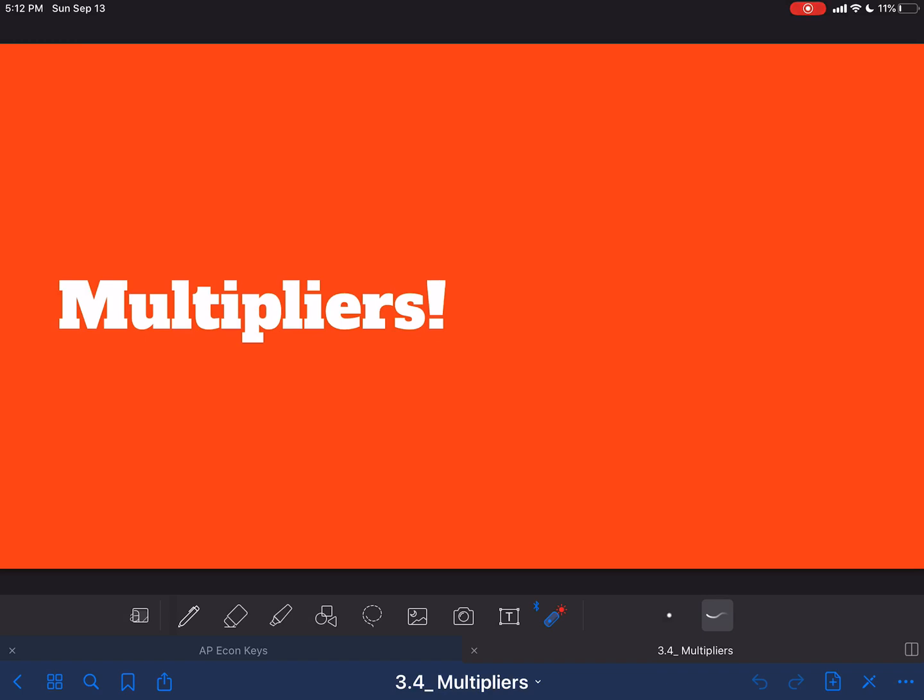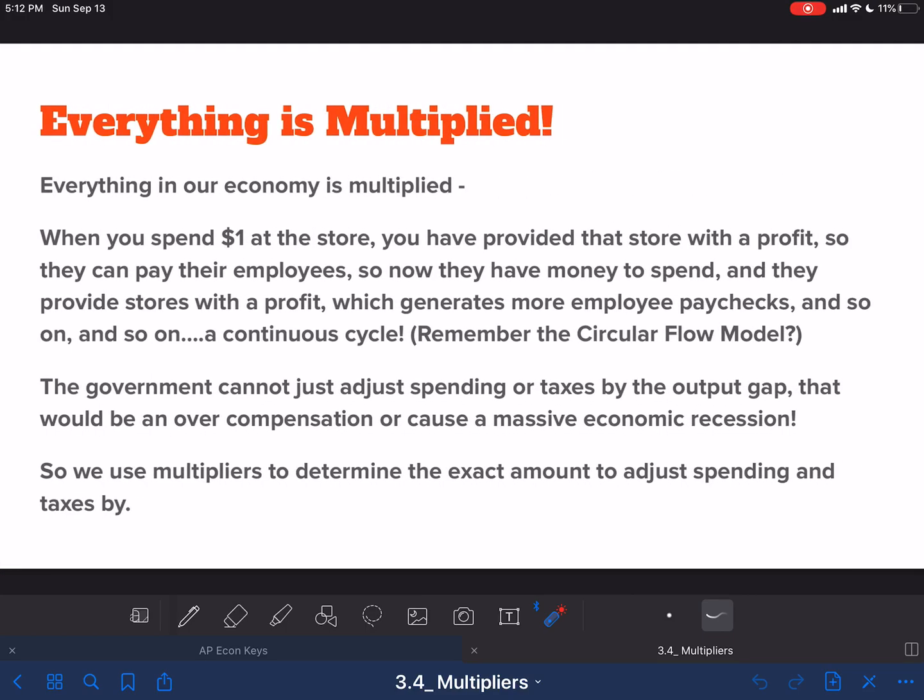It's through the multipliers. So we need to understand that everything in our economy is multiplied. So there's not a single transaction that is just that transaction. Every transaction is multiplied throughout our economy. So let's say you spend $1 at the store.